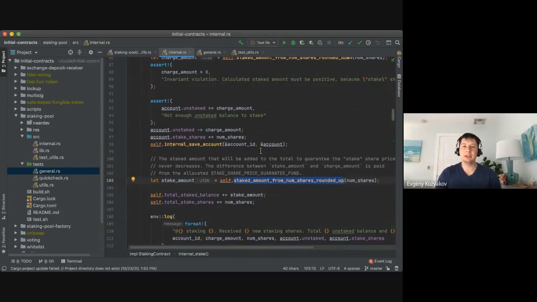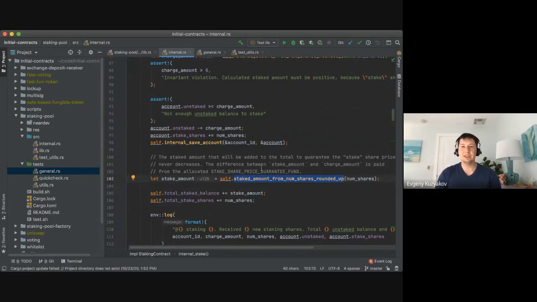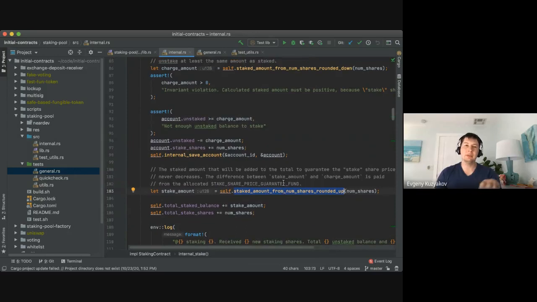So this 1 extra penny, or like 1 extra yoctoNEAR, will come from the guaranteed fund during the rounding of the shares up. So we charge the user less, but we contributed to the amount more from this 1 trillion yocto that we had originally designated for this. And this difference usually is just 1 yoctoNEAR that may come from rounding up or down.